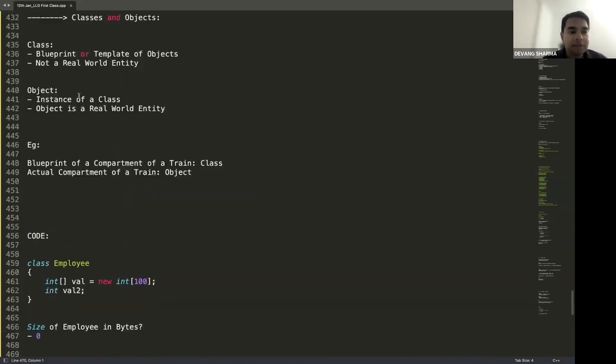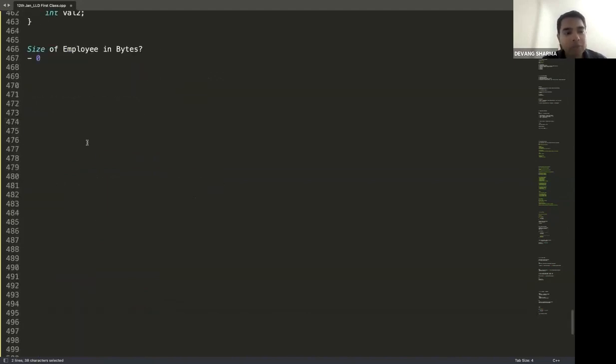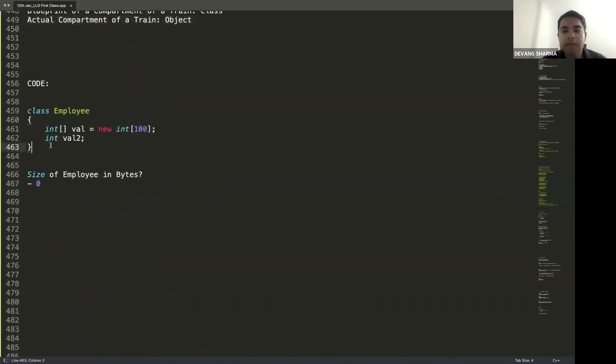What did I just explain? Class is just a blueprint. Class is not a real world entity, it's just a blueprint. Until and unless I instantiate a class, it will not exist in the real world. Have I created any object yet? No, I have not created any object. I have just written the code of a class.